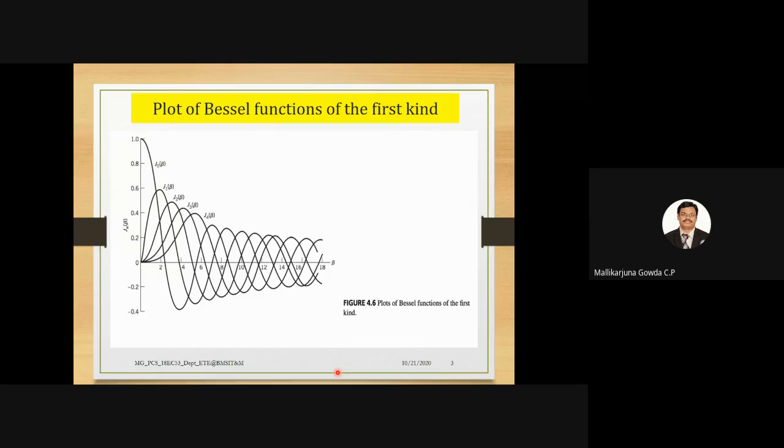So what we need to understand from this plot is, see, this is the value of J naught of beta. Wherever I'm moving the cursor, you just follow the cursor. So what is the value of this one? Beta approximately, what can you expect here? Yes, 2 point something, right?